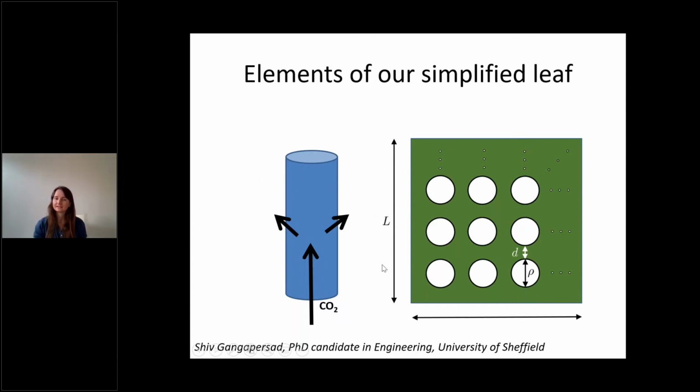So obviously this is a great simplification, and air channels are very rarely circular, but as I'll explain later, we calculate them very much in terms of surface area, which is known to be a really important driver of CO2 uptake. So yeah, it may trouble you that this doesn't look much like a leaf, but I think in terms of building this very simplified model, this should suffice for the time being.